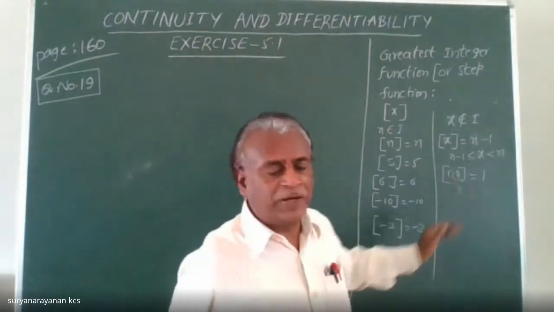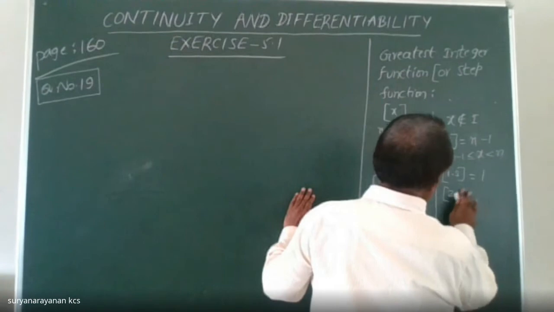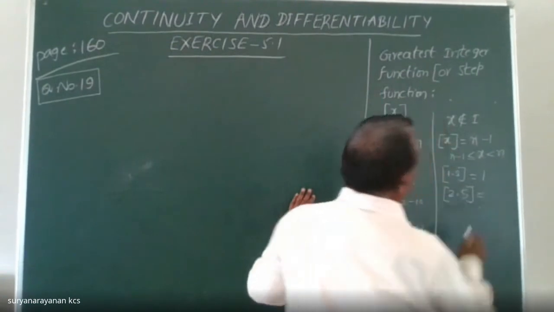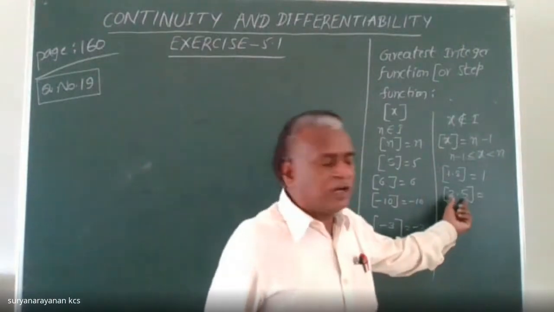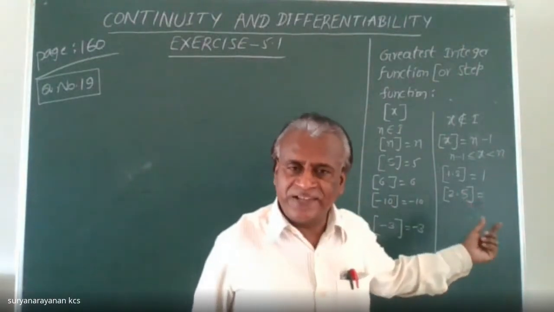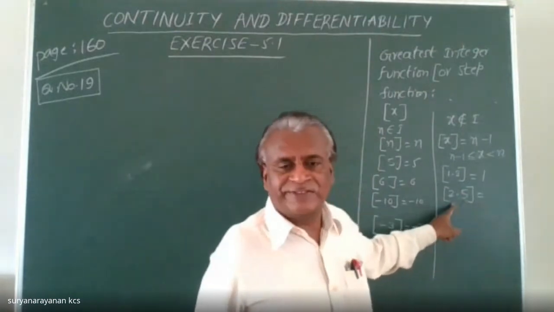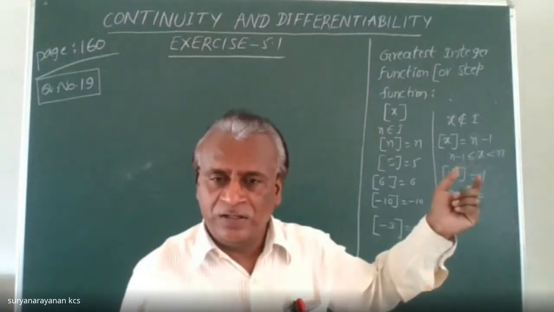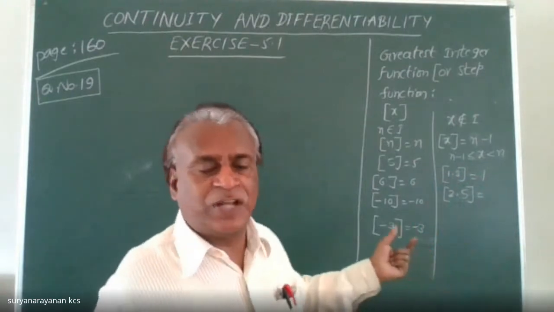Similarly, suppose step 2.5. This number is not an integer, but it lies between 2 and 3. Yes or no? So the utmost left side of this number is 2.